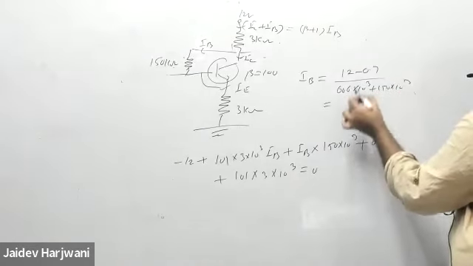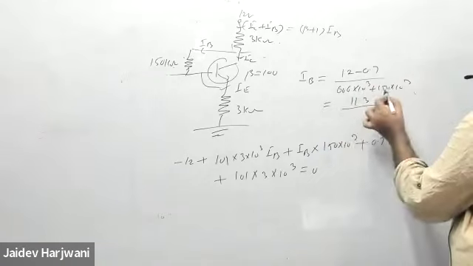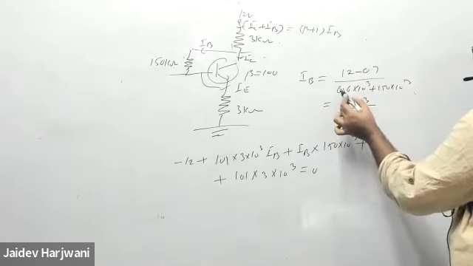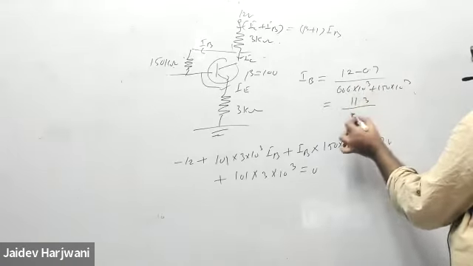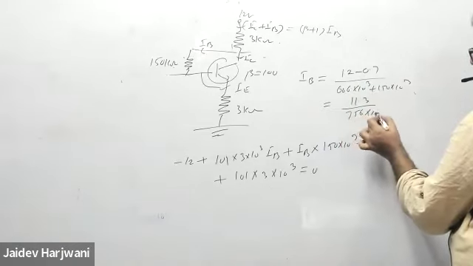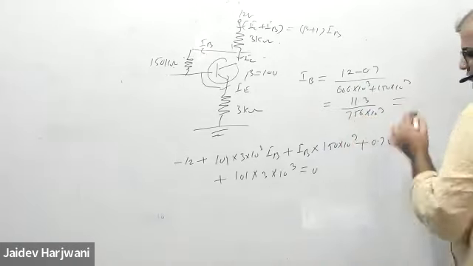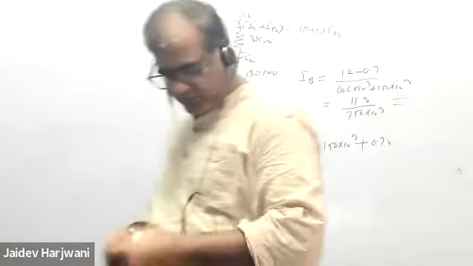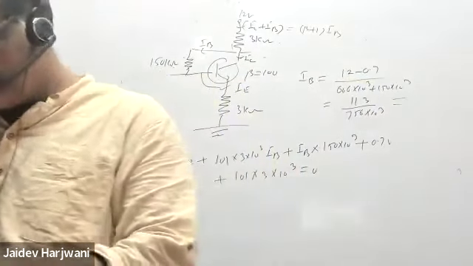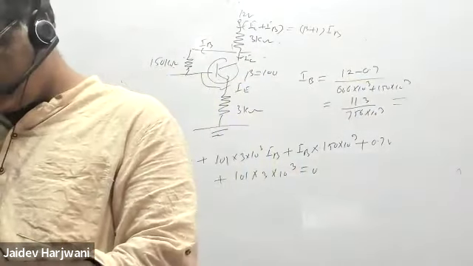So this is 11.3, and this is how much? 756, 756 kilo ohm. What is the value of IB? Tell me. Let me check the answer. Question number 9.